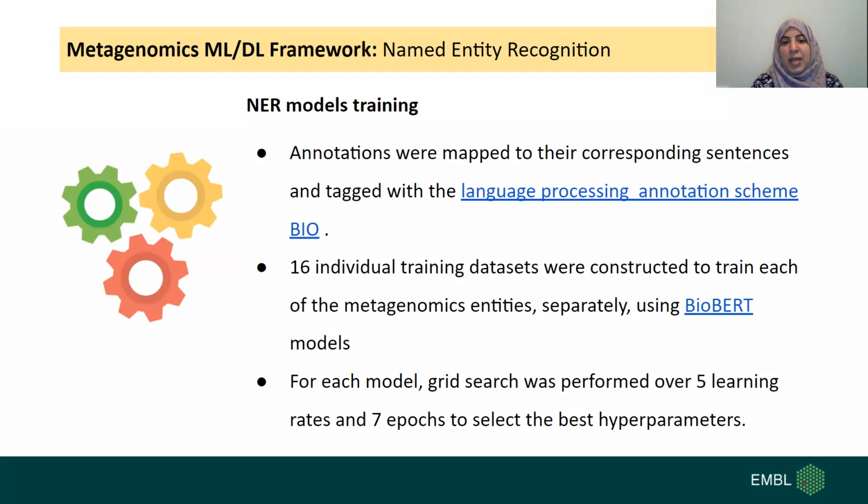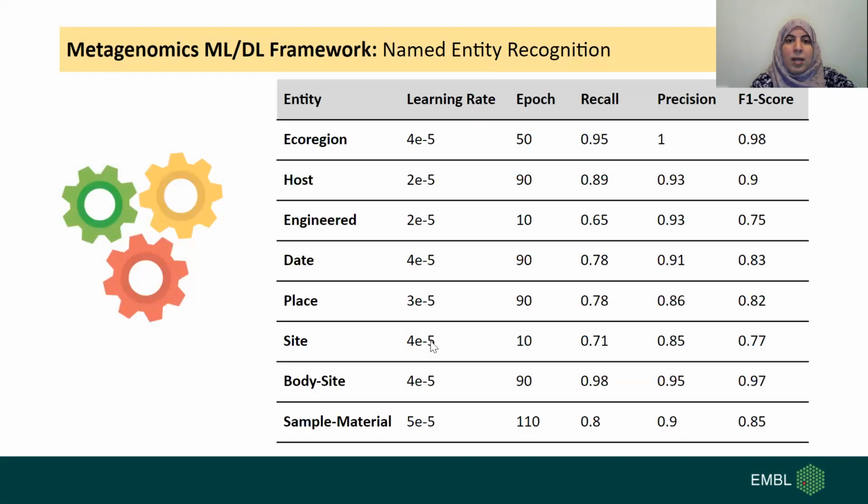I also performed a grid search over 5 learning rates and 7 epochs to select the best model hyperparameters. We were interested in having more precise models than high-recall models, so I selected the highest precision models for all the entities.